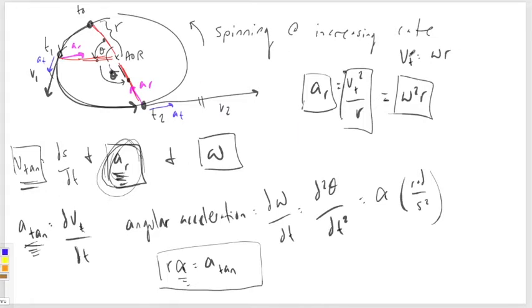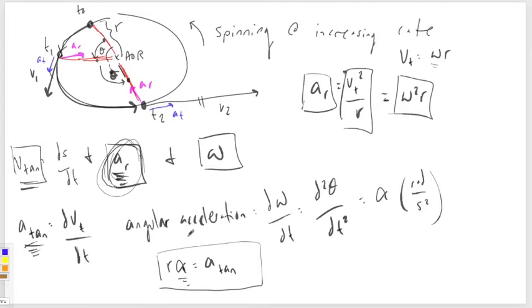Tangential velocity and angular velocity, radial acceleration, tangential acceleration, and angular acceleration. Please make sure that you review this until you have this down. And of course, I'll be taking questions a little bit later.